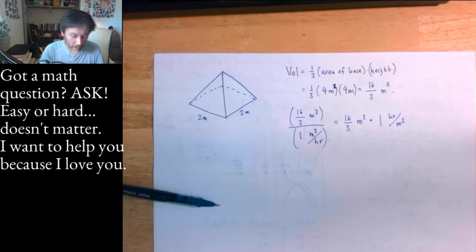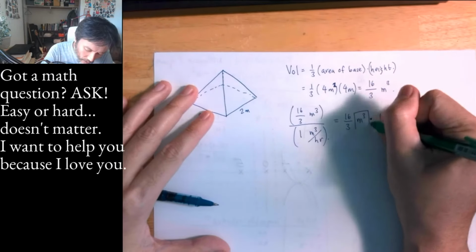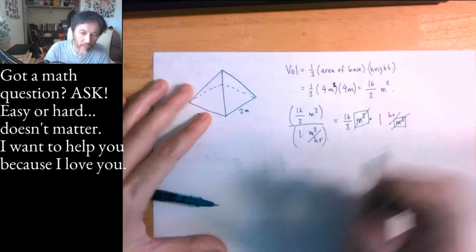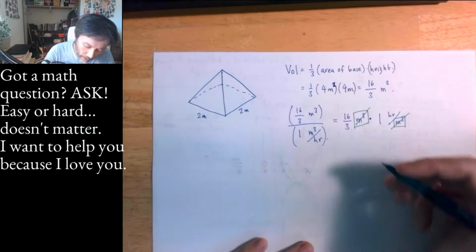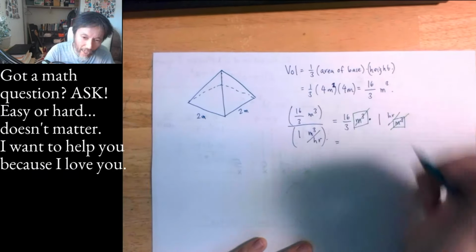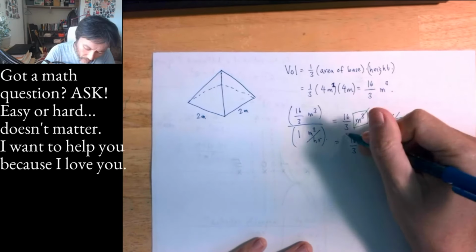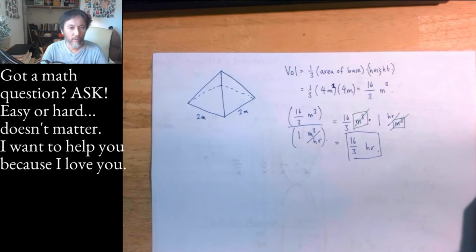What's neat is that the meters cubed here and the meters cubed down there in the denominator cancel. And then what you're left with is 16/3 times 1 hours. And there you go. That's the answer.